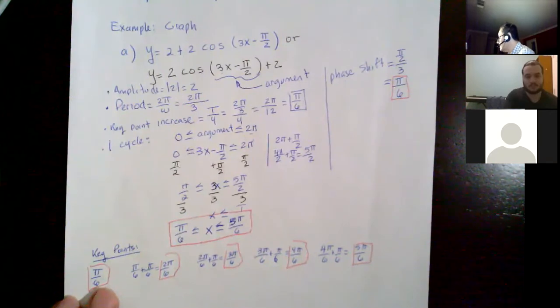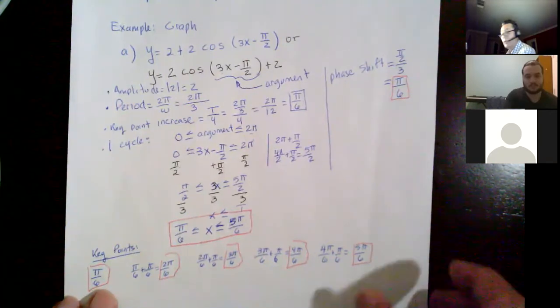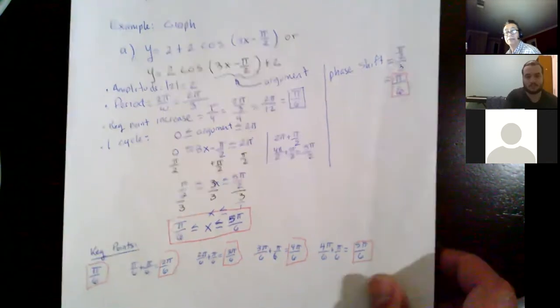Okay, so let's give it a try. All right, so keep the key points here and let's give it a try here. Let's graph it. Let me draw something here and I'm gonna focus here.